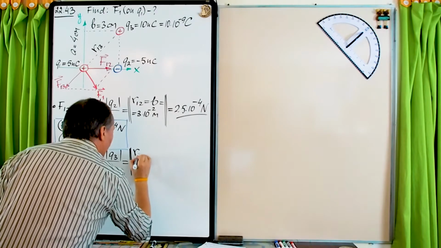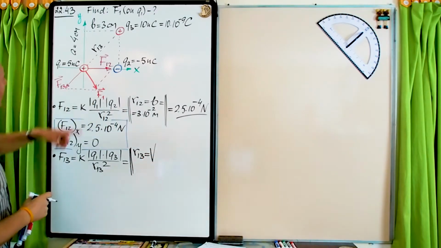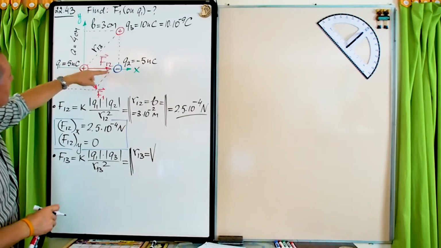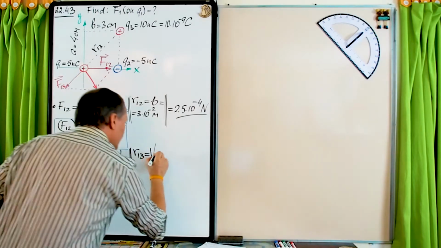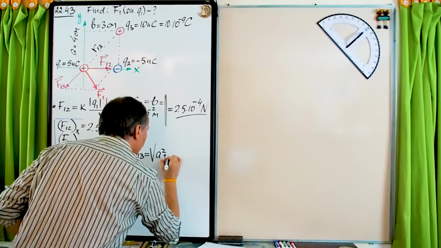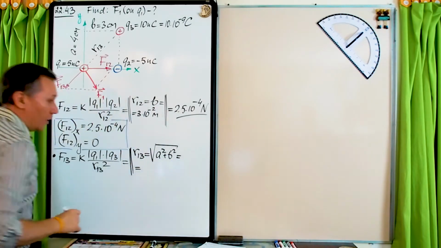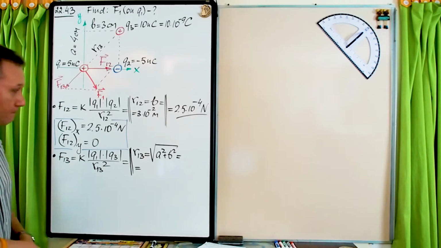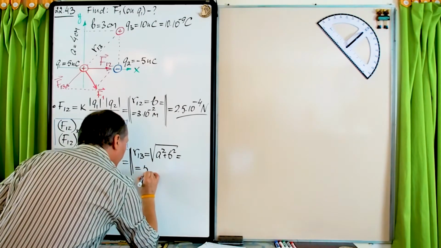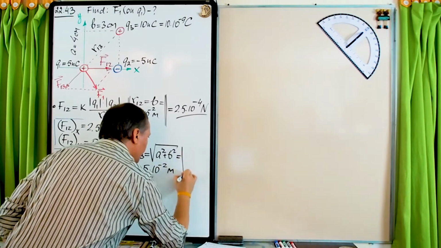So R13 equals square root of a squared plus b squared, where this distance is a, and this side is b. So it will be 5 centimeters, or of course you have to convert to meters, so it will be 5 times 10 to the power of minus 2 meters.